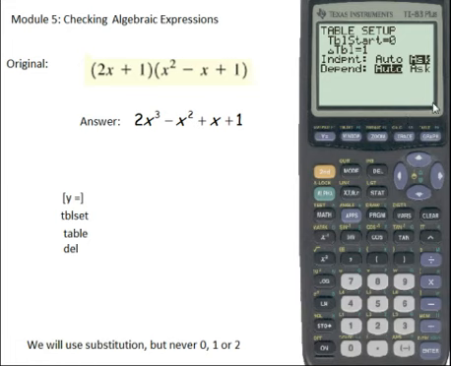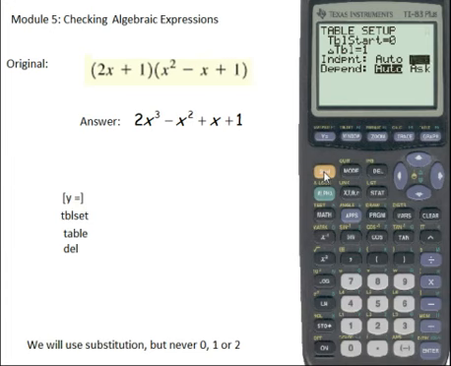Okay? But when you go to the testing center, you need to do this before you start using your calculator because they reset it every time. Alright? And now we want to use table. That enables us to use the table and put in an x value of our choice.